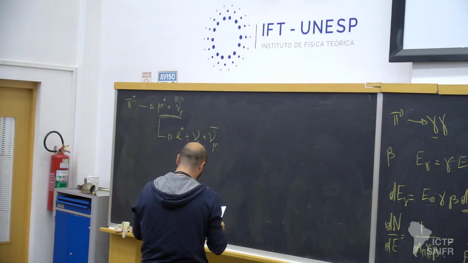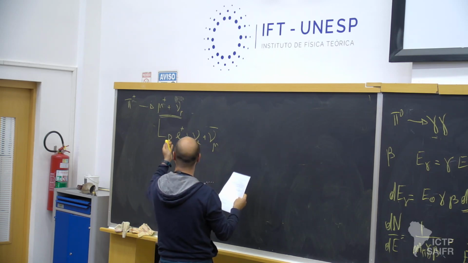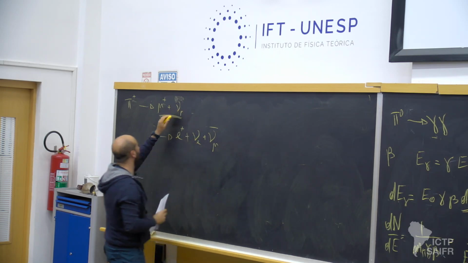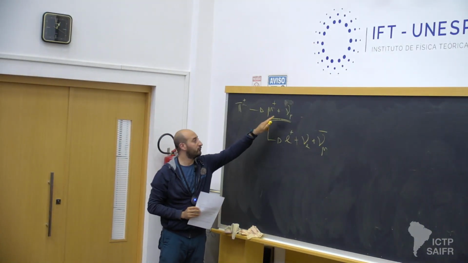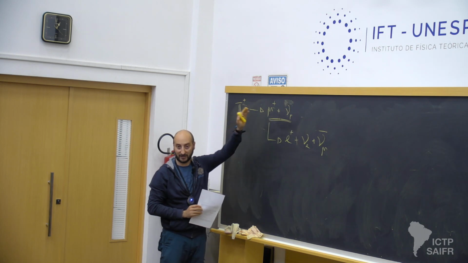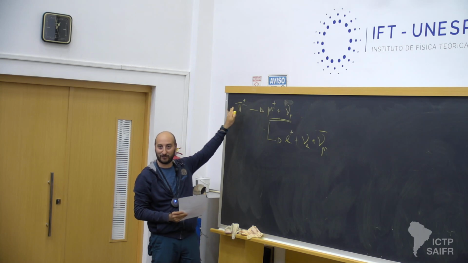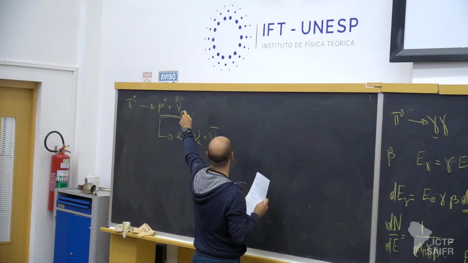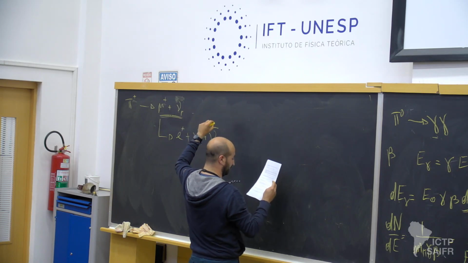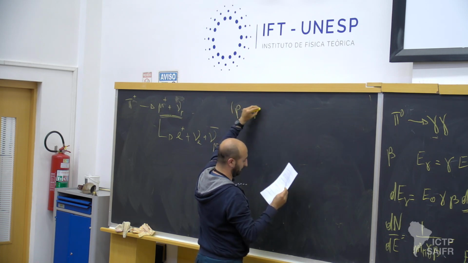Okay, so we can repeat the same thing. What is the spectrum of this neutrino? If the muon were massless, of course, it would be half of the pion mass, just as we saw before. But the muon is not massless. Actually, its mass is a significant fraction of the mass of the pion. So in order to know the neutrino energy in the frame of the pion, we use, again, if you wish, the conservation of energy, momentum. So we write it this way.